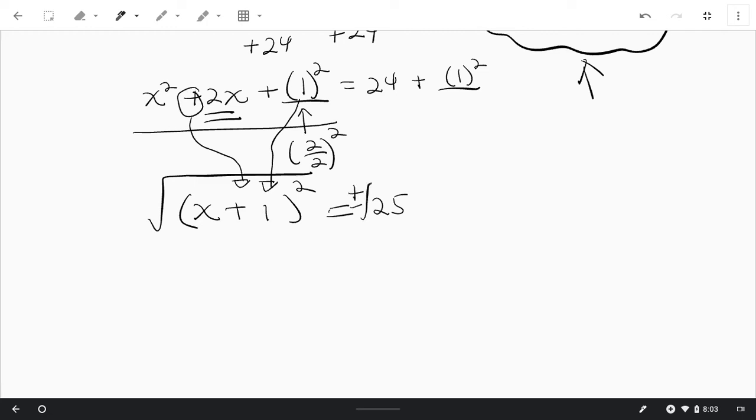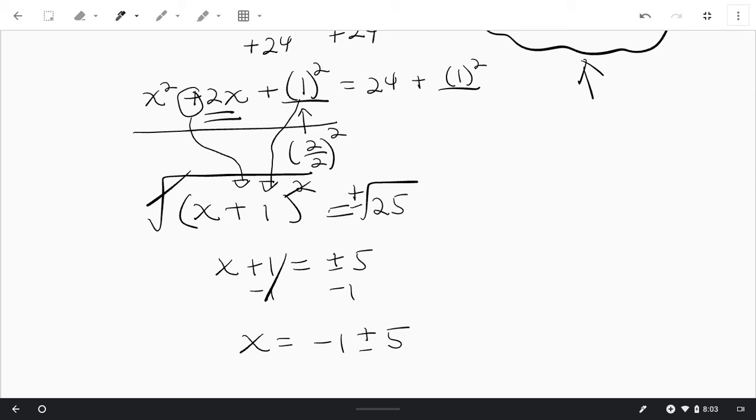And so now I can take the square root of both sides. And when I do that, I get plus or minus the square root on the other side. And I get x plus 1 is equal to plus or minus 5. And then I finish solving for x by subtracting 1 on both sides. So I get -1 plus or minus 5.